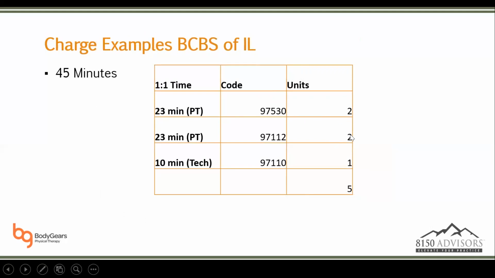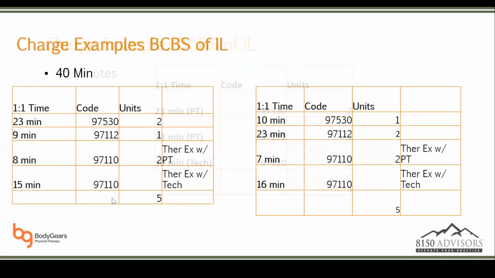So I have 4 units that I can bill for that time. And then let's say the patient just spends 10 minutes with the tech. I think your patients probably spend more time than that. They do 10 minutes of one-on-one Therex with the tech, then you have another unit of Therex to bill. And so for that example, you have 56 minutes of time and you have 5 units to bill.